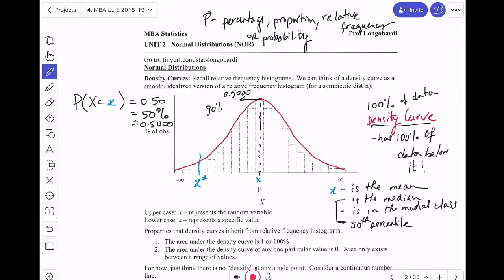And I'm going to tell you in advance that the area to the left of x star is 1%. So those are all the same thing, right? 1%, 0.0100, 0.01. They're all the same thing.